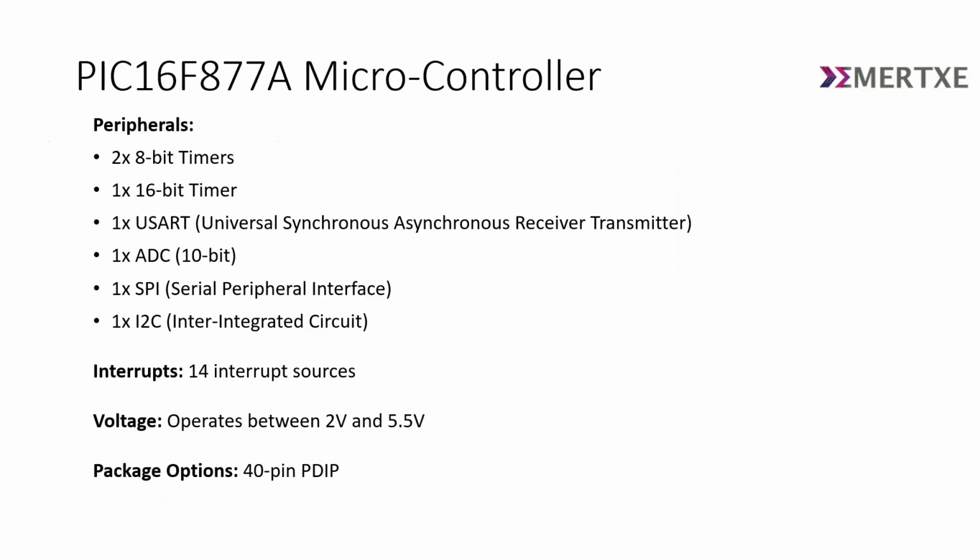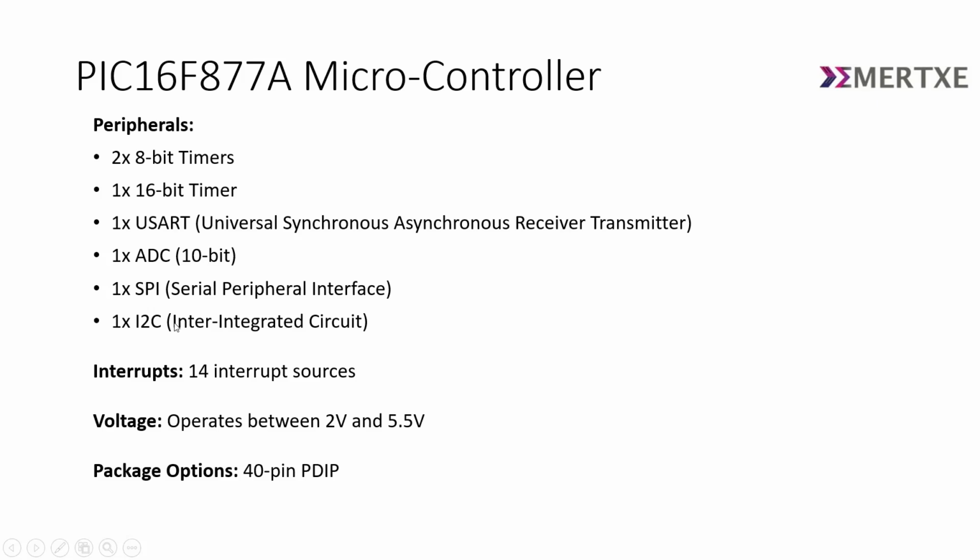Next we see the peripherals it has. It has two 8-bit timers, timer 0 and timer 2, and a 16-bit timer, that is timer 1. And we also have communication protocols like USART, universal synchronous asynchronous receiver and transmitter, and serial peripheral interface, that is SPI.